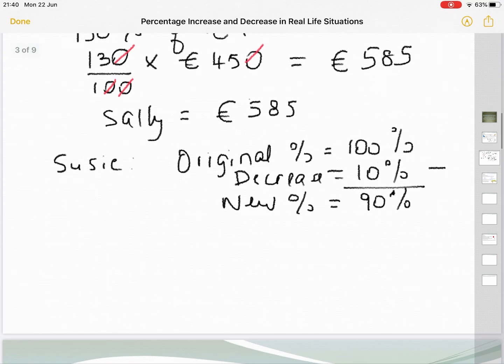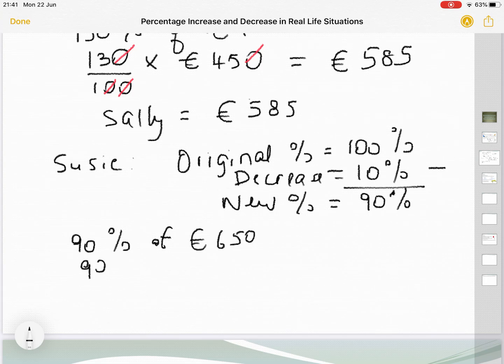90% of what? 90% of 650. So 90 out of 100 times 650.